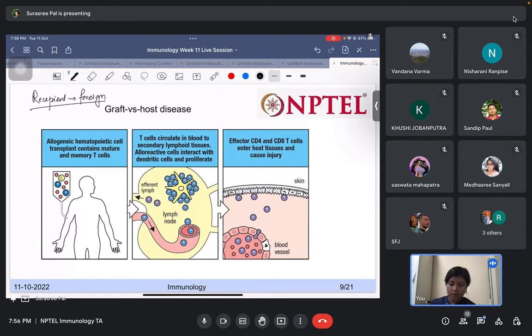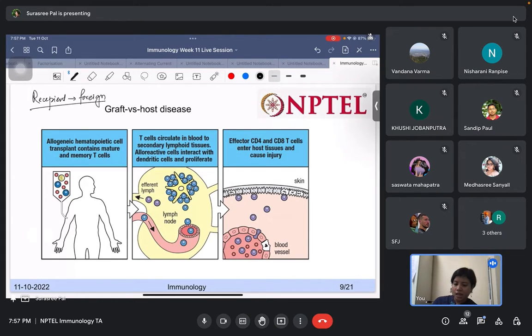And then it causes severe inflammatory disease in multiple tissues, but it particularly involves the skin, the intestines, the liver, and there can be rashes, there can be several patches on the skin. It can cause diarrhea, it can also cause liver dysfunction like that.